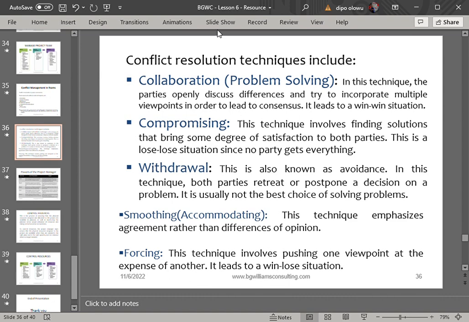Alright, so these are the 5 different conflict resolution techniques that the project manager can use. But I have told you that the best one is the collaboration technique. Okay, so the collaboration technique is the best conflict resolution technique. Alright, so that is that.